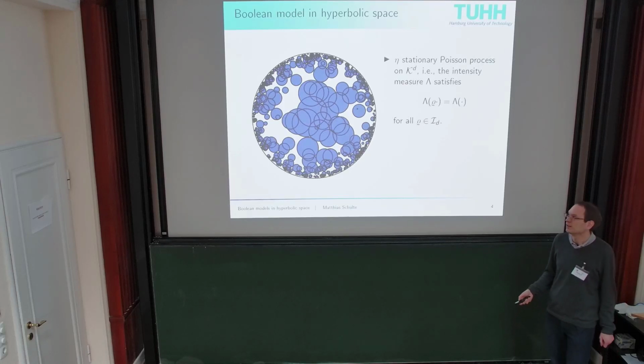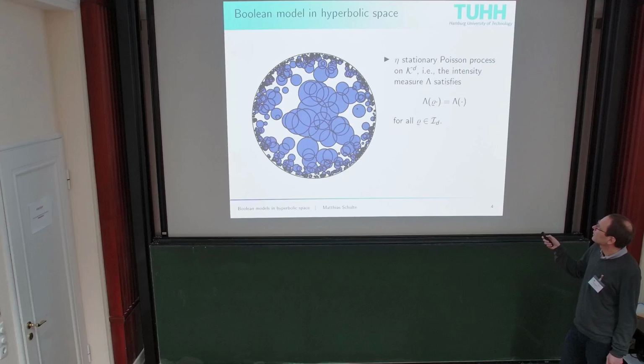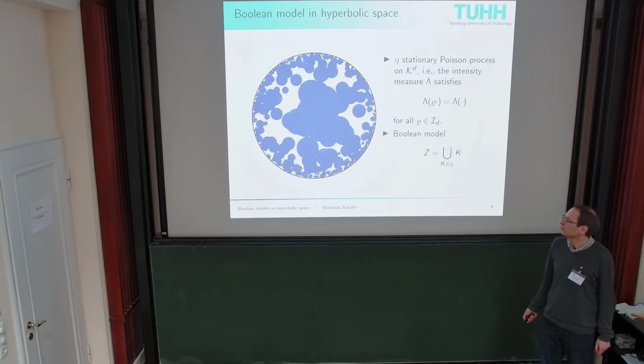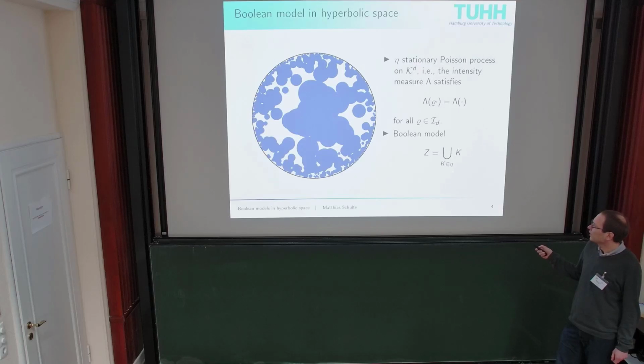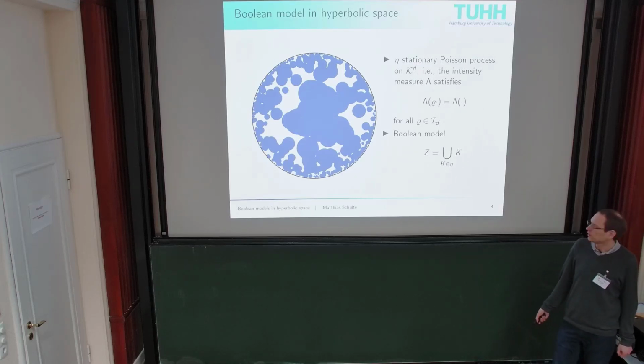That's just a feature of the Poincaré disk model. For our underlying Poisson process, we assume that it is stationary, and this means that its intensity measure is invariant under all isometries. Okay, now we take the union of all our particles, which gives us a random closed set, which we call the Boolean model.